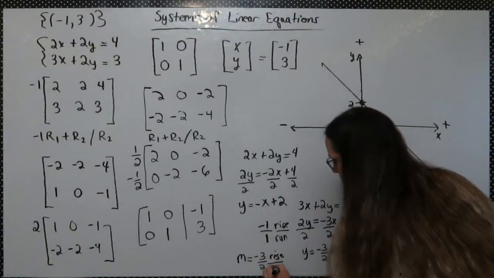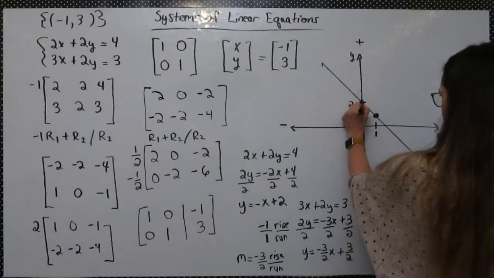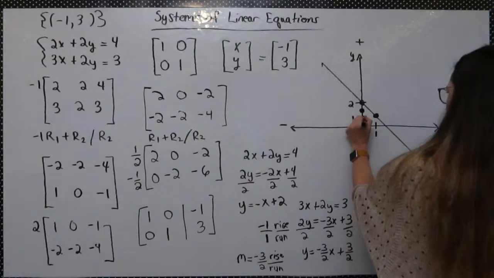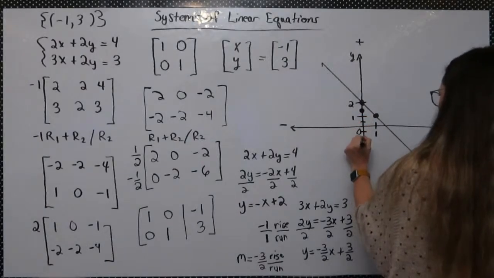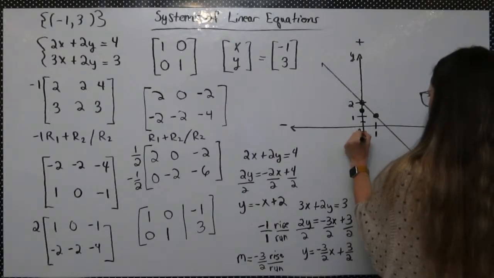All right, let's do that. So we're here, and we're going to rise -3. So we're going 1, 1/2, that'll be 2, -1. And what is that putting me way down here at -1/2?